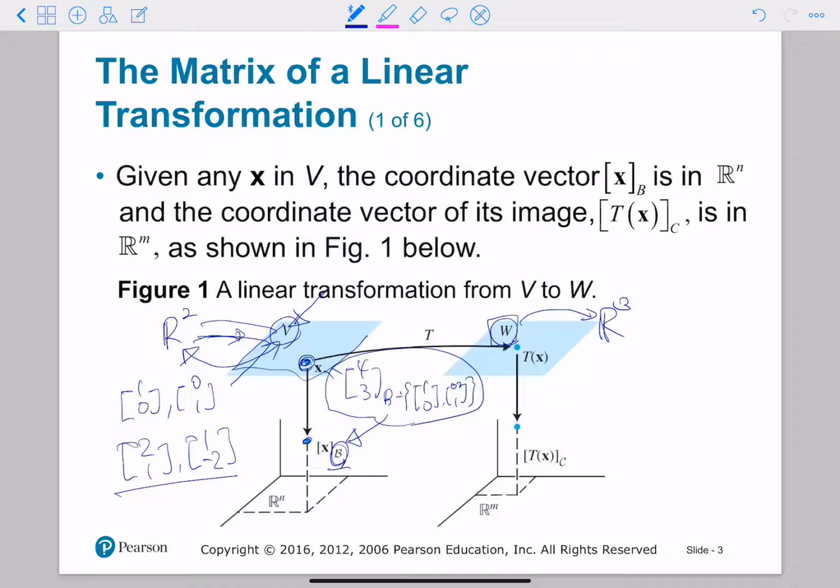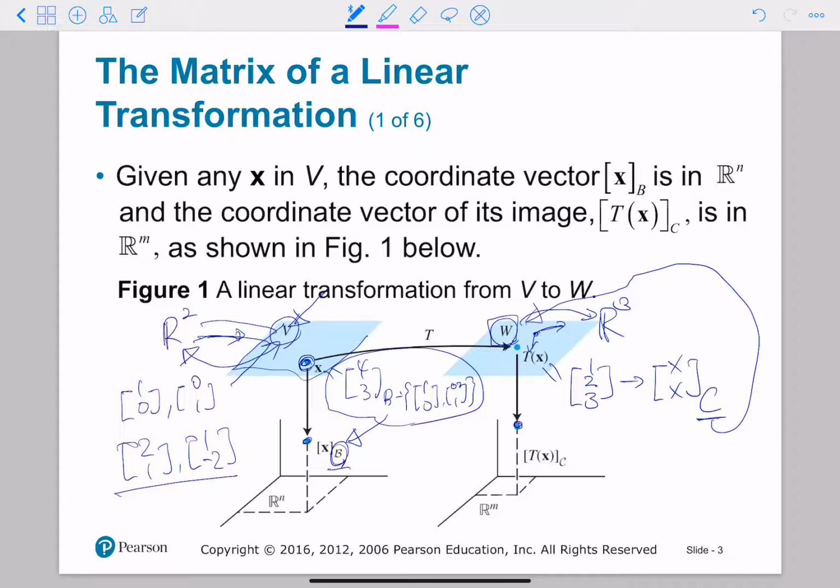For any linear transformation output, originally represented as maybe (1, 2, 3), for example, we can also imagine its coordinate vector with respect to the new basis C that forms our subspace W, right?